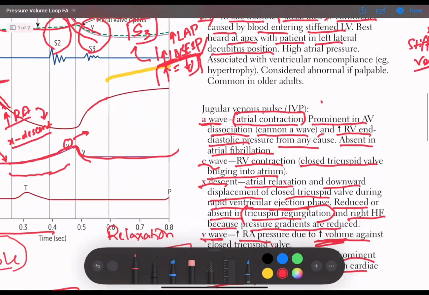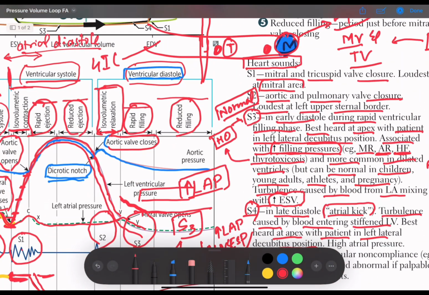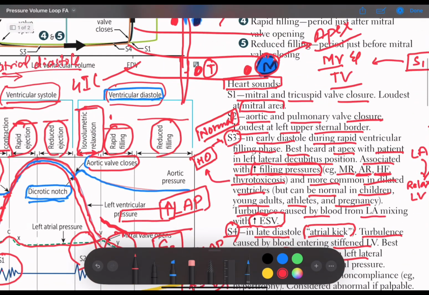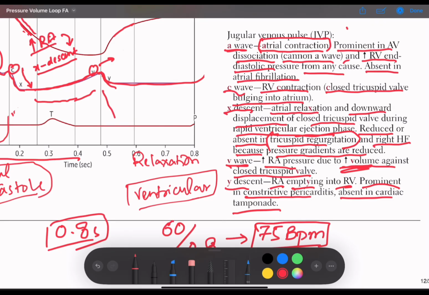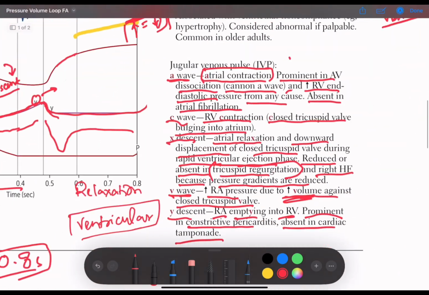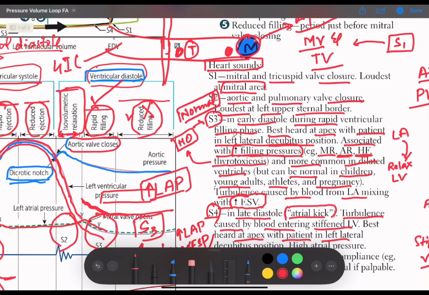So what happens in constrictive pericarditis? In constrictive pericarditis we have an affected reduced filling phase, while the rapid filling phase is occurring normally. So the rapid filling phase has to do the job of the reduced filling phase too.